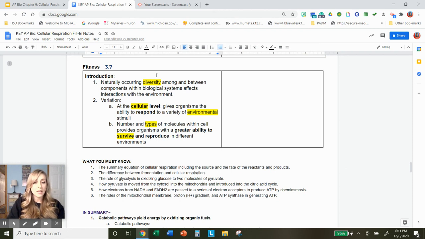So if we think about cell respiration, there's a variety of molecules we can use to break those bonds and transfer that energy to ATP. So under B, there's a number and type of molecules within cells that provides organisms with a greater ability to survive and reproduce in different environments.